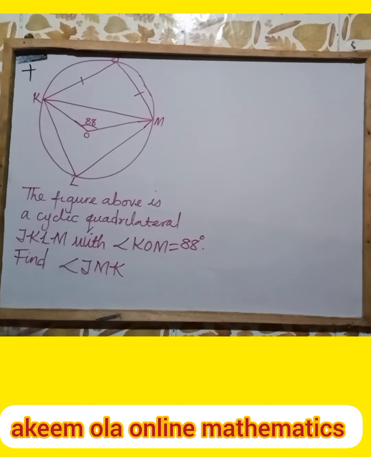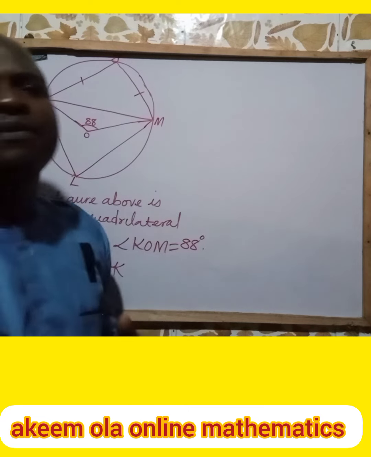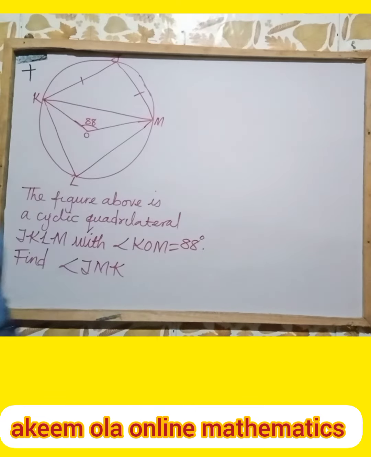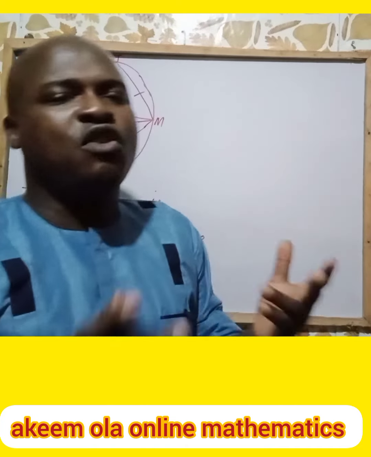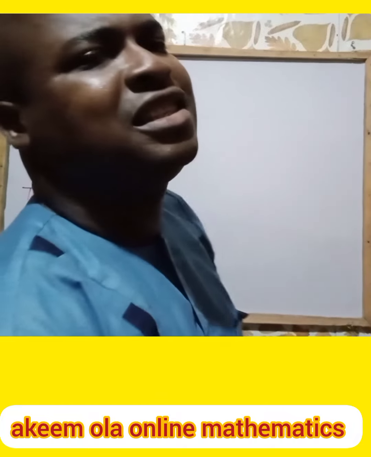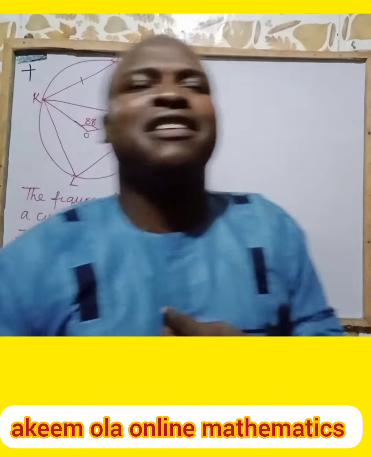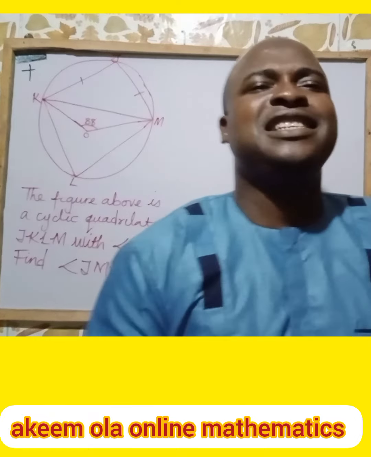Here we have a diagram given to us from the question. From the diagram, the figure above is a cyclic quadrilateral. Many laws are associated with a cyclic quadrilateral. One of the laws is that the opposite angles of a cyclic quadrilateral sum up to 180 degrees.